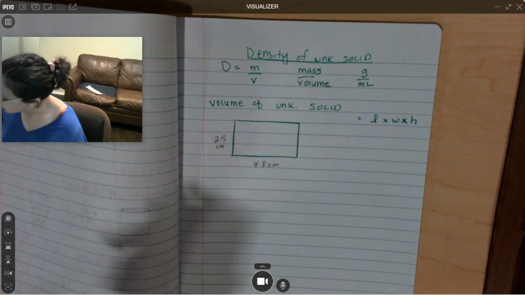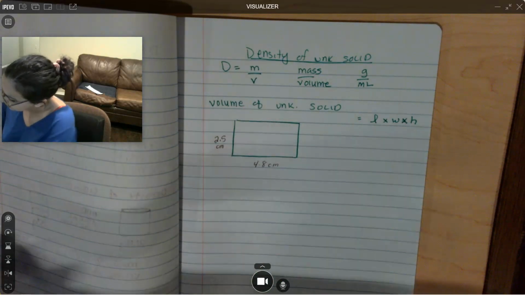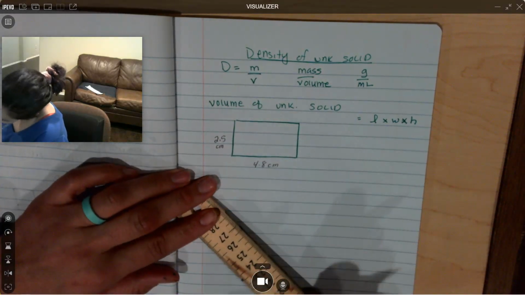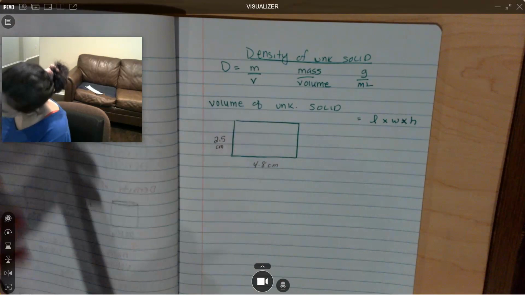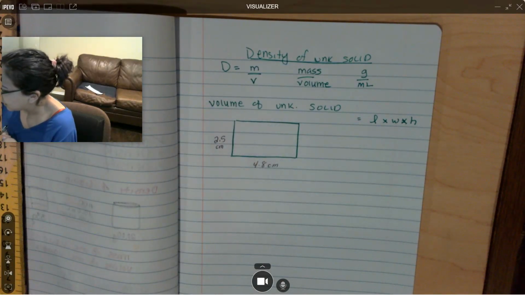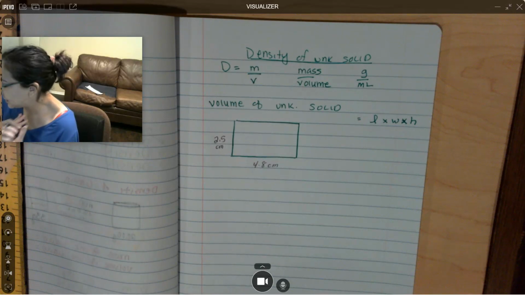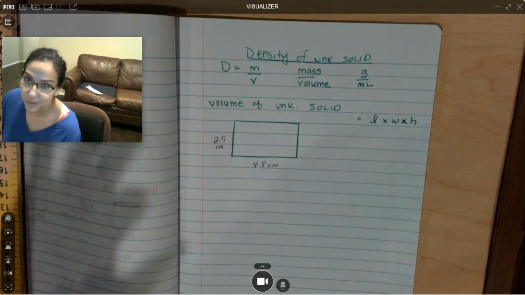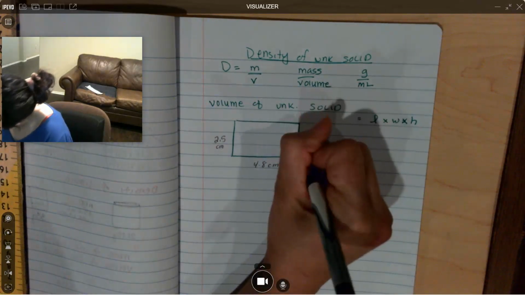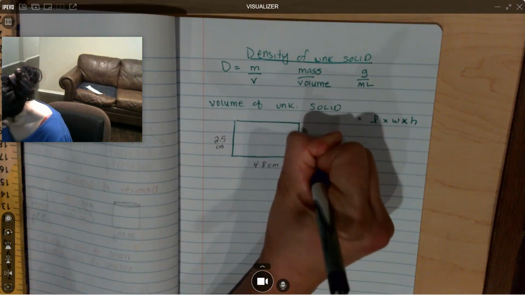Okay, so length times width times height, and I'm just going to pretend that my height is the same as my length. So let's just say that the other side is also 2.5 centimeters.